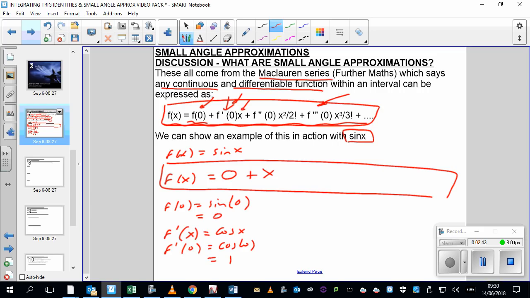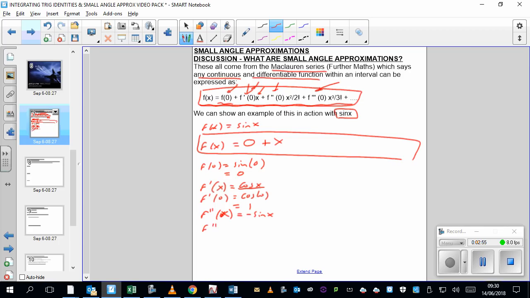And then we've got the next term, which is f dash dash of 0. So first I need to find f dash dash. So that means differentiate the function again. So cos x goes to minus sin x, yeah? And the f dash dash of 0 then is minus sine of 0, which we know sine of 0 is 0. So at the moment we're on 0, x squared over 2 factorial, that's that term there.